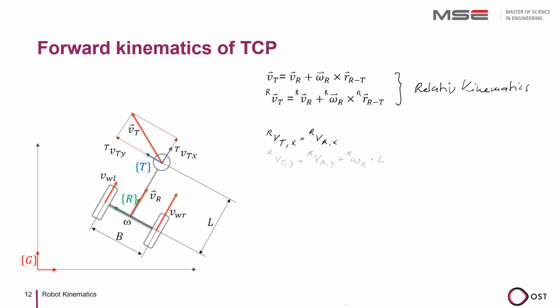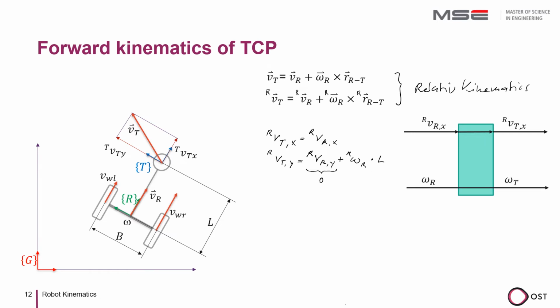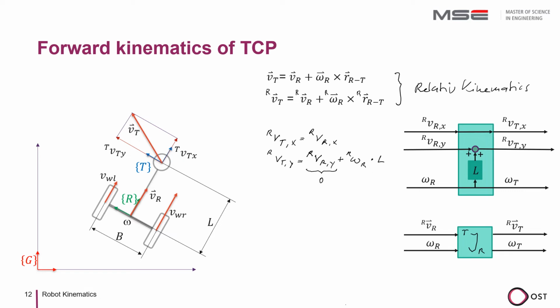The y component of the TCP velocity is omega times L, since y is 0 in the R system. In the graphical representation we see that Vx is not affected, as is omega. Y, however, is increased by omega times L. What we have worked out here is the Jacobian transformation from the R to the T system. We can factor out again and thereby obtain the Jacobian matrix.